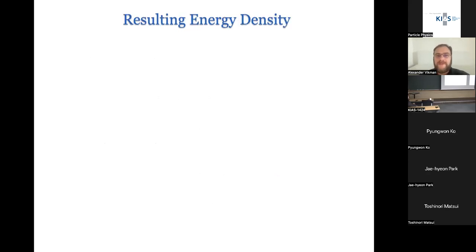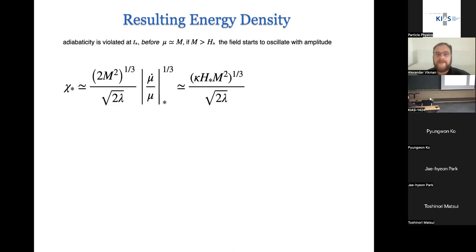Okay, so now let's see how to calculate the resulting energy density. So basically, what happens? We take this adiabatic parameter and calculate when it is 1. And that gives us immediately the estimation that this moment, indicated here with an asterisk, is the moment when the adiabatic parameter is 1.